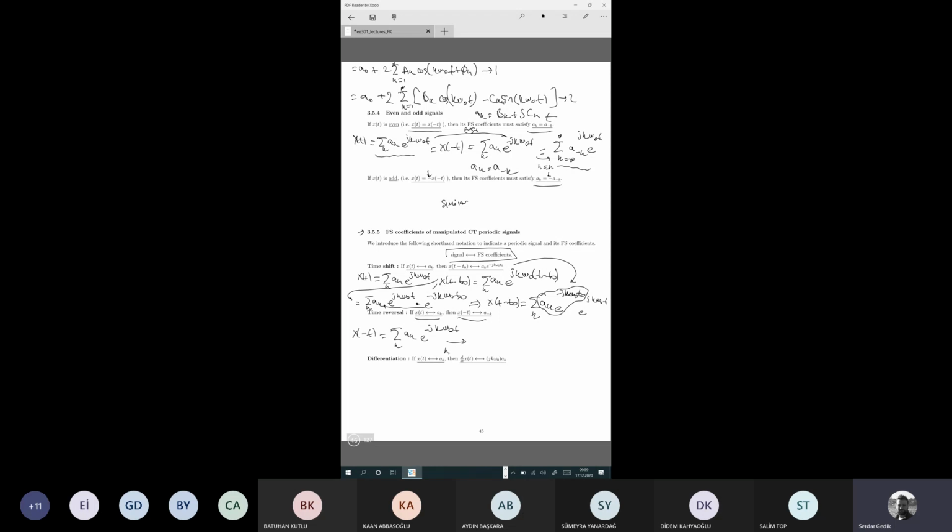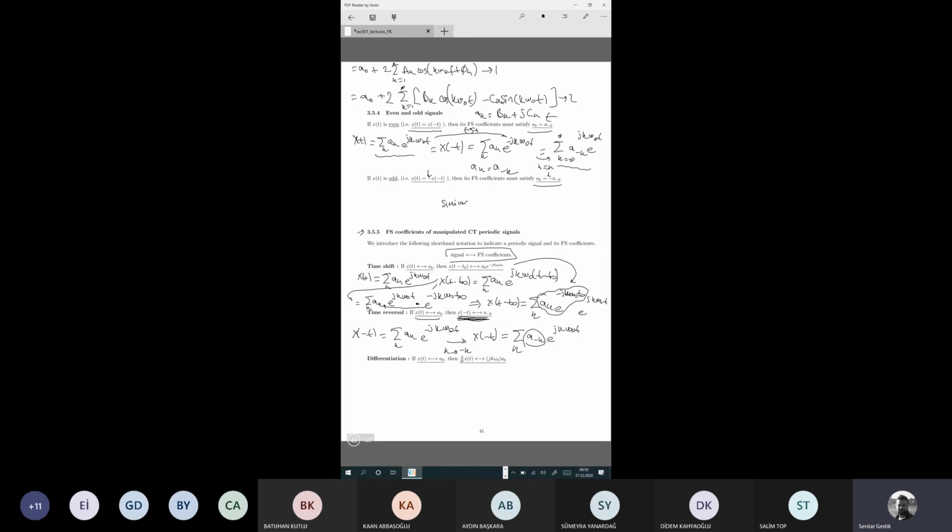And if I do the k to minus k substitution, then it is equal to the summation over k of a minus k e to power j k omega 0 t. So this is my new Fourier series coefficients for x of minus t, which proves this property.